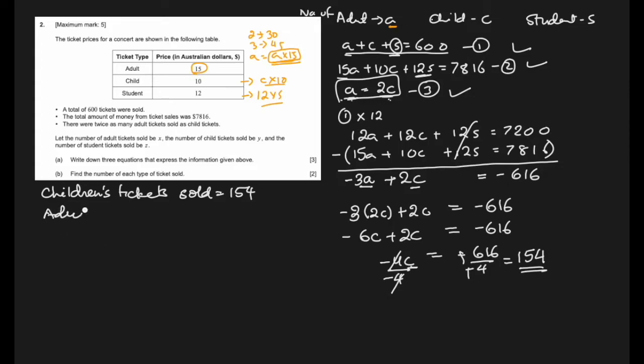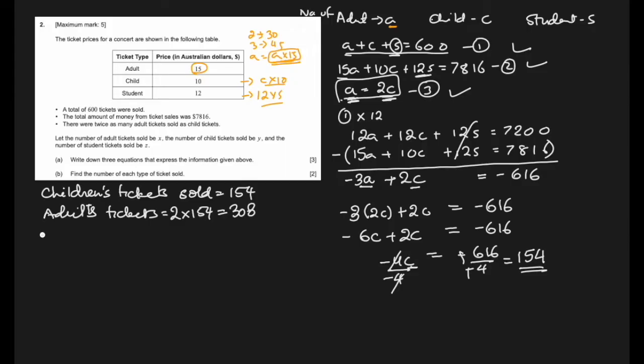Now we can find adult tickets. We know that adult tickets were twice the children, so we can write 2 times 154, which is 308.